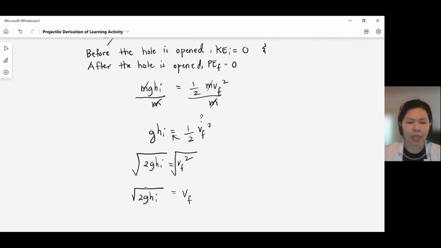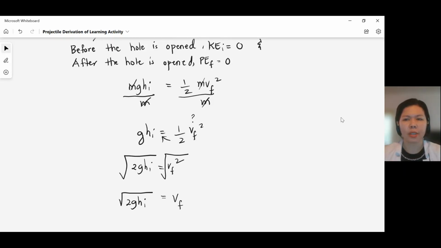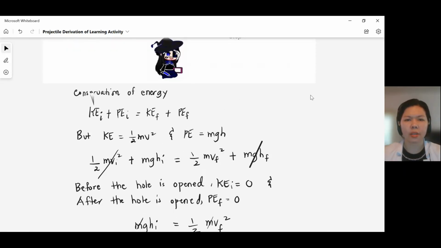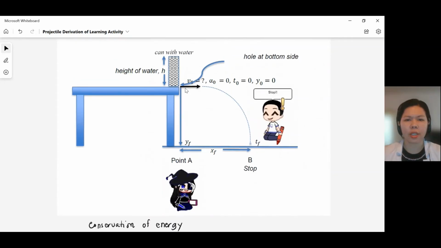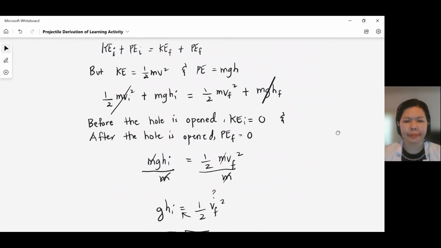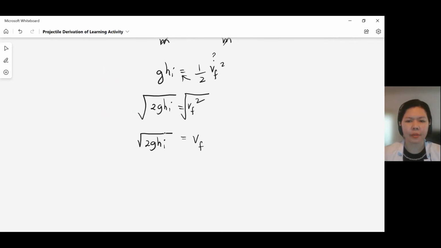Now this v final, vf, is transformed to become the initial velocity v naught. Looking here, the velocity v final here is transformed to become the v naught of our projectile motion of the water. So this is now our v naught.